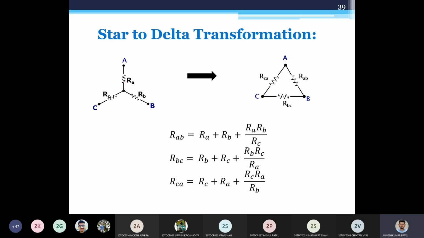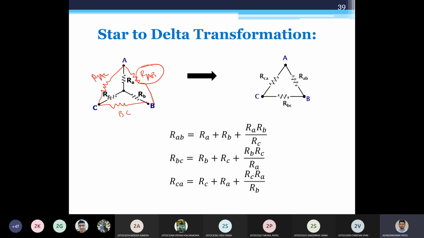First of all, whenever you draw a delta from a star, I am converting this star to delta. Here the nodes A, B, and C would be as they are. The common resistance would appear over here, and that would be named as RAB. A common resistance would appear over here, that would be named as RBC, and my third branch of delta would be like this, and that would be RAC.